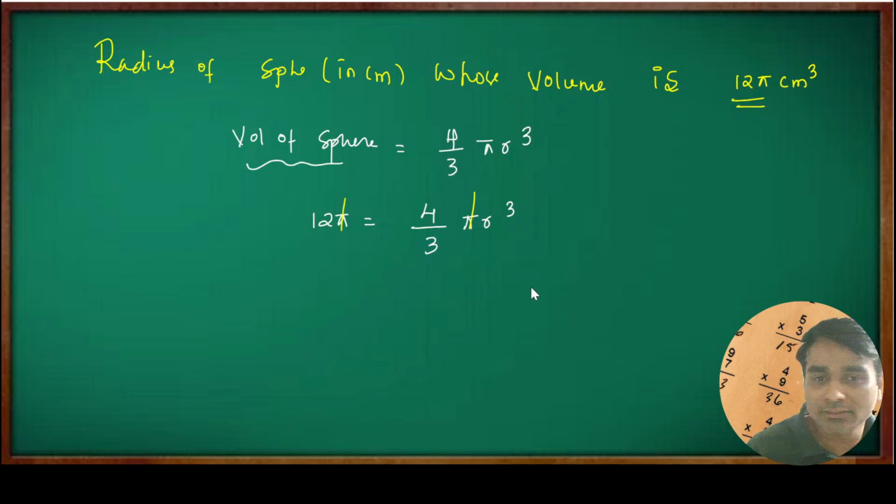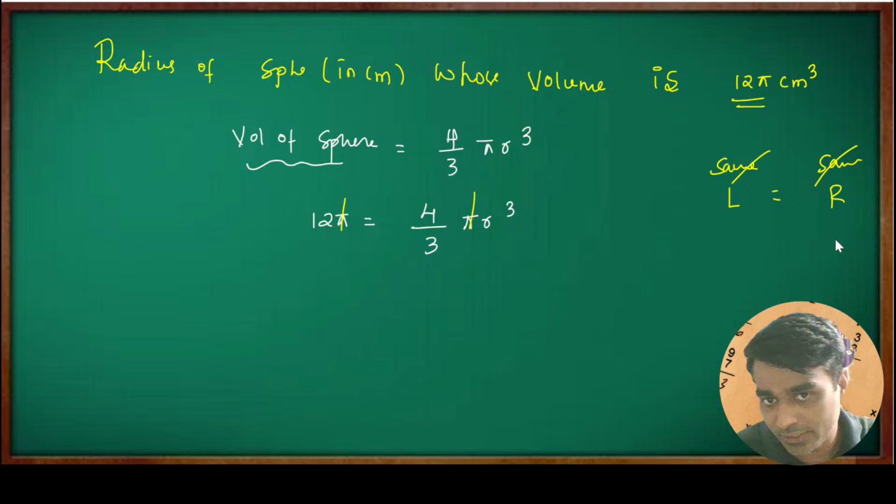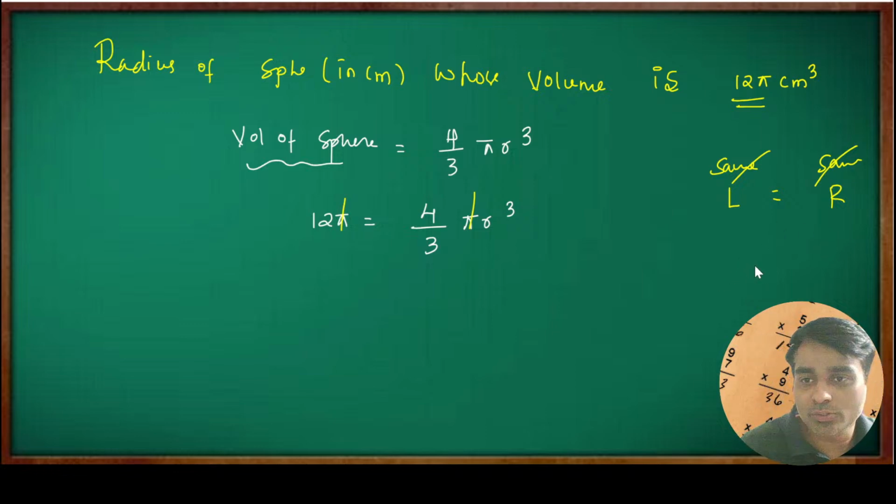You can cancel whenever you have two same things, left and right, same will get cancelled. Left and right they should be okay, and they also should be in a line, like if it is pi this side, also pi this side.